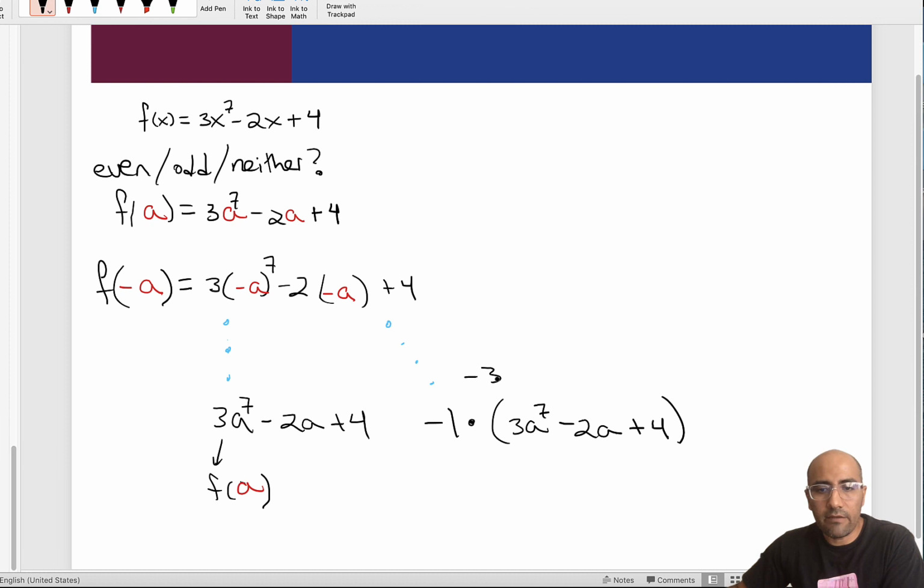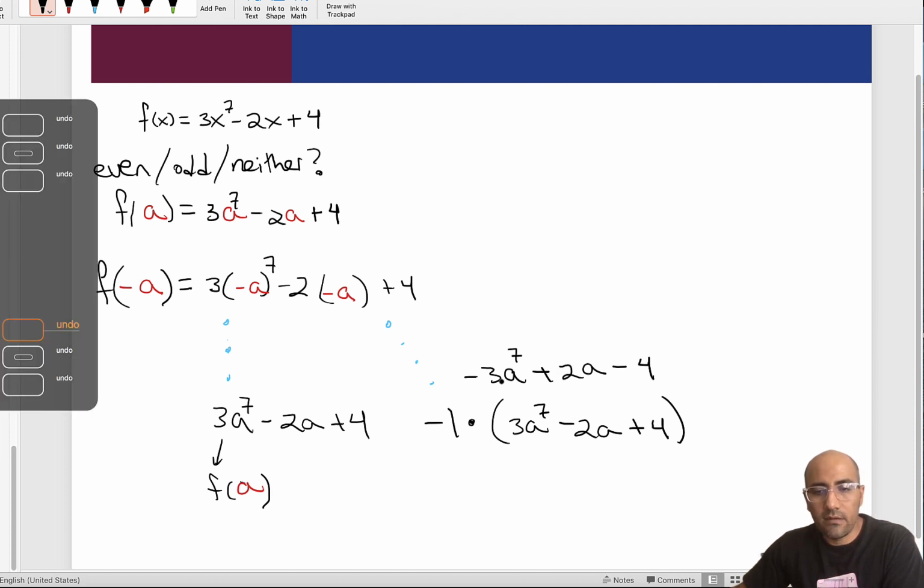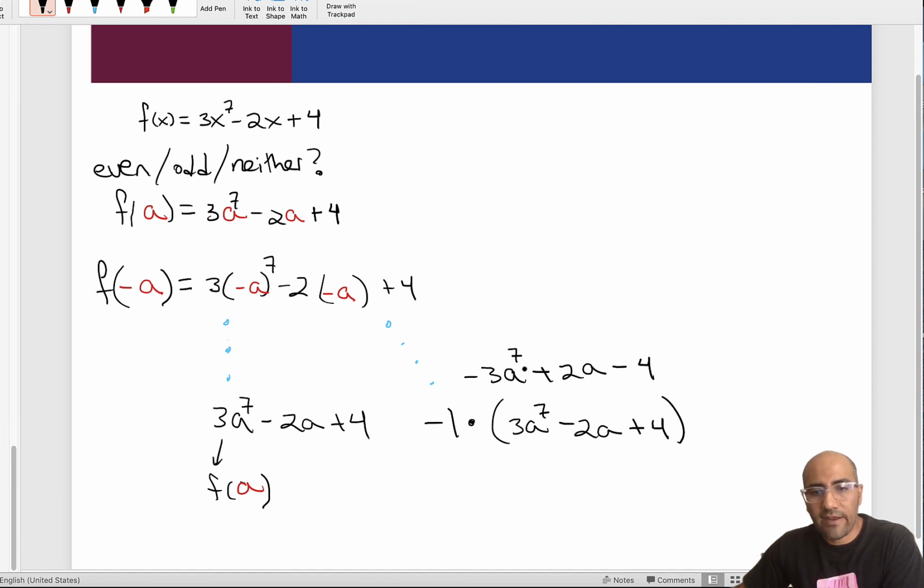So it was equal to -3a to the 7th power plus 2a minus 4, like that. And then you factor out a -1 from all of these, and we end up getting 3a to the 7th minus 2a plus 4. If that's the case, then we've established that this is the case of the thing simplifying to -1 times, and then this right here is f of a.